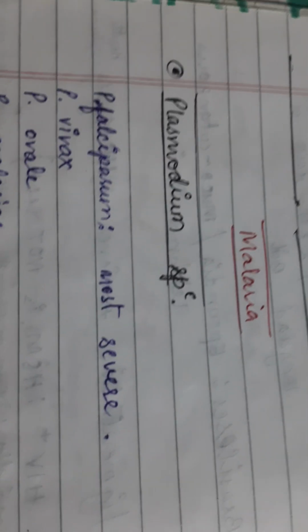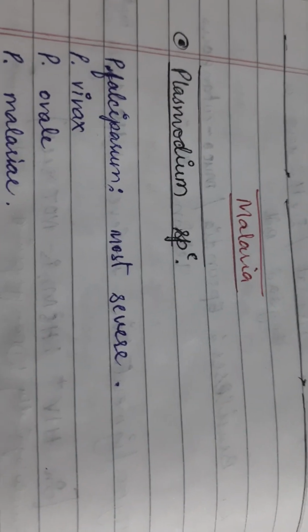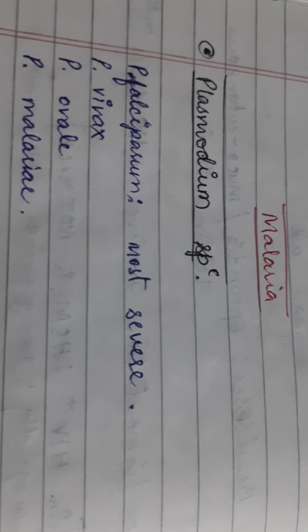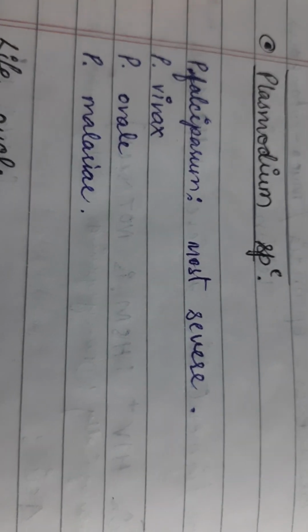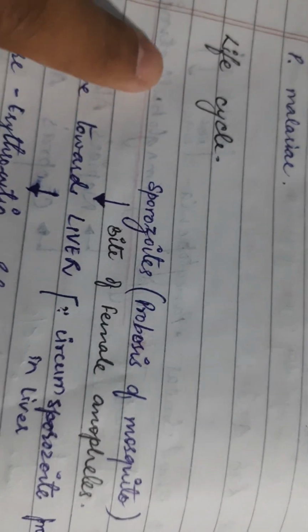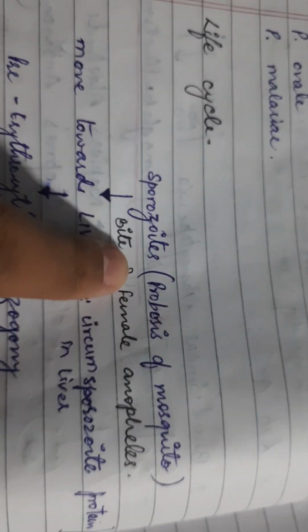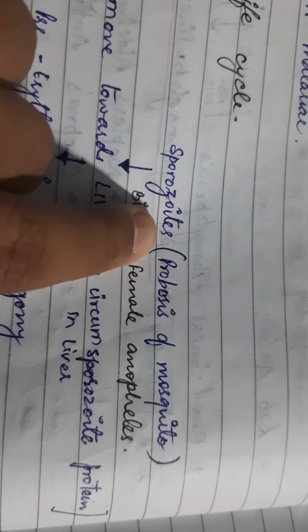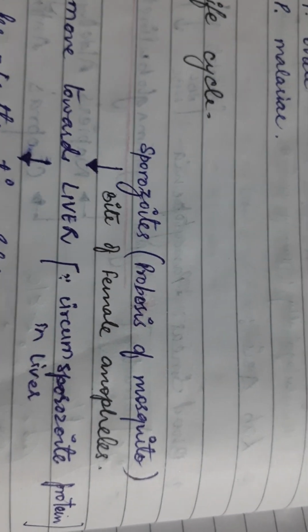Then we come to a very important topic, which is malaria. Plasmodium species can cause malaria: Plasmodium falciparum, which is the most severe, vivax, ovale, and malariae. Life cycle: it enters the body. Sporozoite form enters humans, us, by the bite of the female Anopheles.